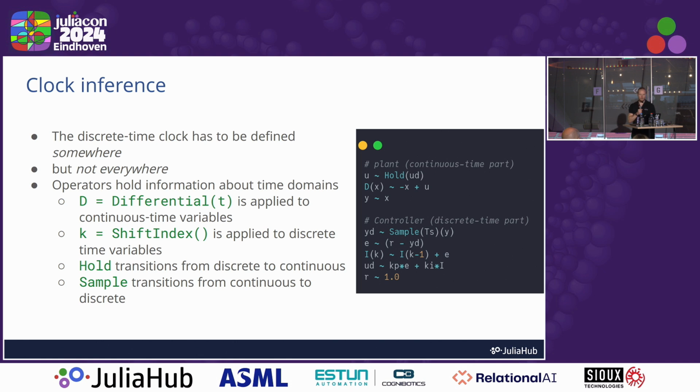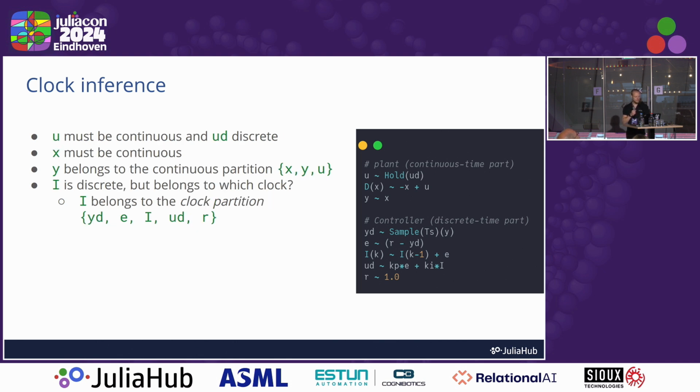And as I said before, the transition between time domains is done by hold and sample. And there is actually yet another operator, it's called clock change, because you can transition between two different clocks. For instance, if you want to supersample a variable, subsample a variable, shift the phase of a variable, but maintaining the tick interval and so on. You can do all these things.